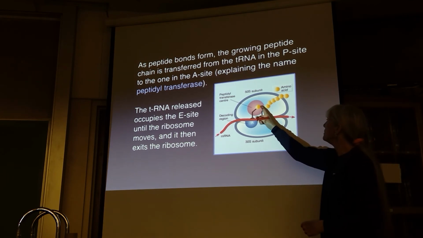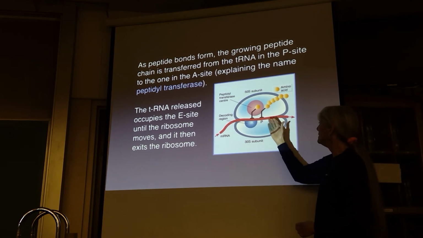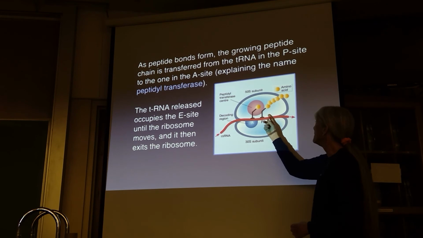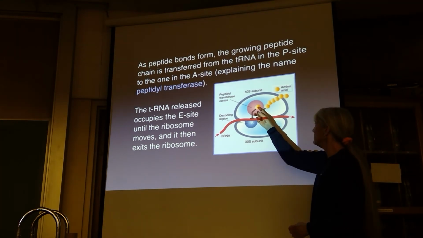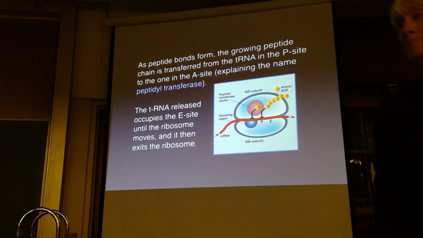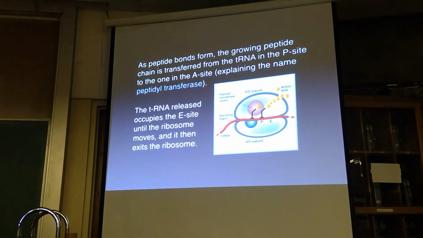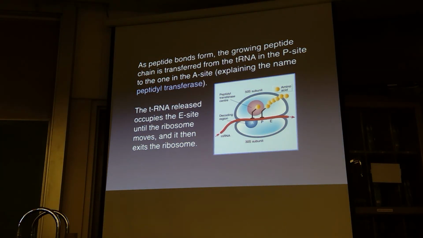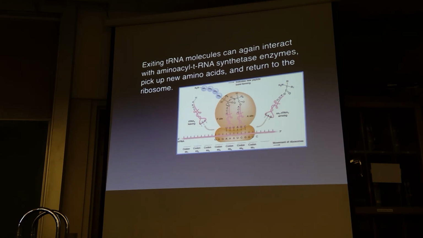It's actually building a bond between those 2 amino acids, but it takes it off of this transfer RNA, which then exits, transfers it to this one, and this one moves into the P site, which is where the polypeptide is. Another version of it, showing the same thing, showing transfer RNA going off on the left, transfer RNA coming in on the right, bringing a specific amino acid with it.